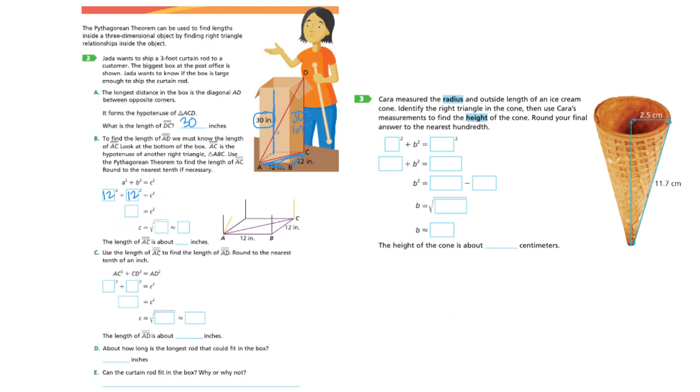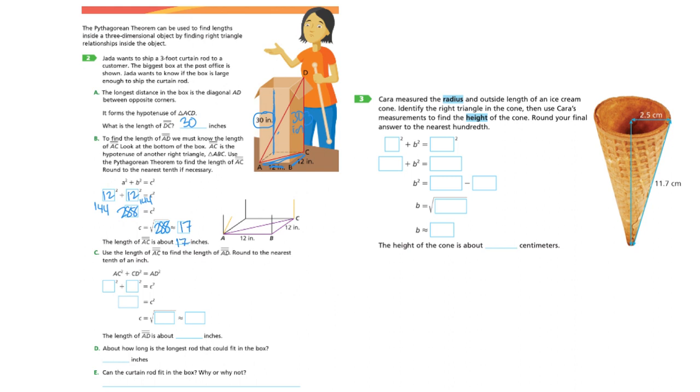And so we know that's 144 plus 144, that's going to be 288. So C equals the square root of 288, which equals 16.97, so we'll say it equals approximately 17. So the length of AC is about 17 inches.